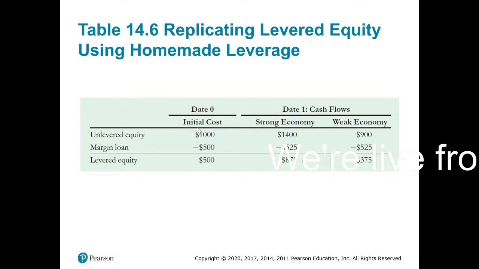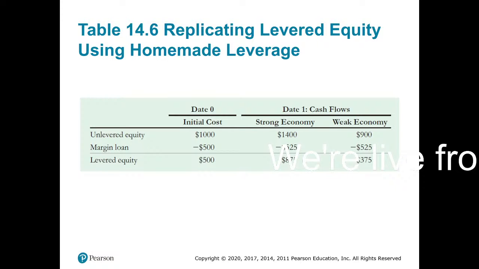This is what we have. So the implication of this slide is, the company itself is not leveraged. So the company issued $1,000 equity. As the investor or shareholder, I invested this 1,000 in the equity.